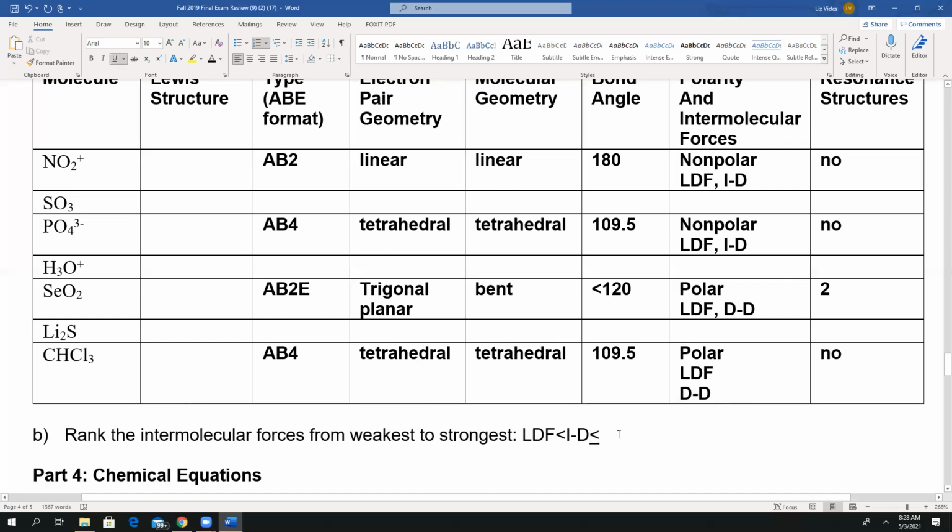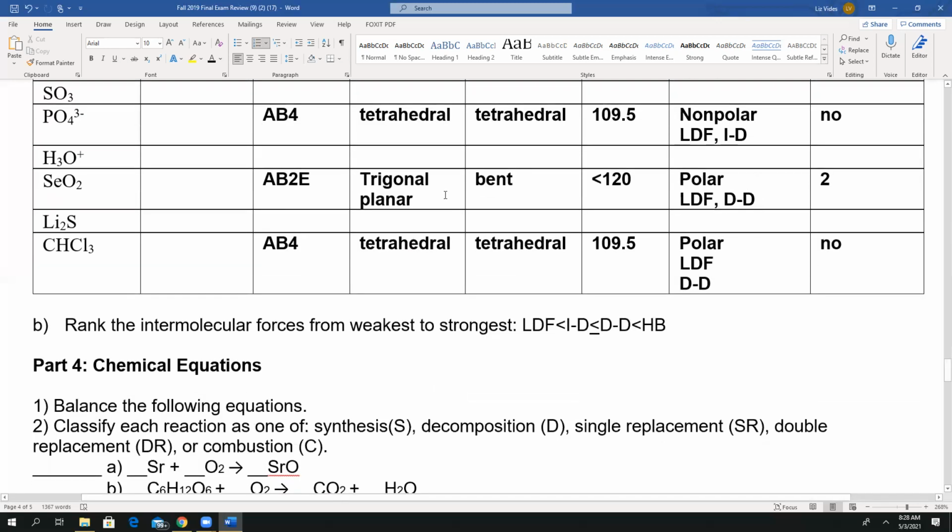And then the next one would be dipole, right? And then the last, or the strongest, is hydrogen bonding. And these are your intermolecular forces ranked.